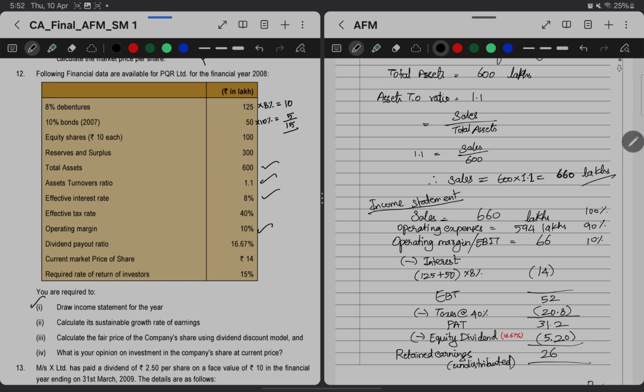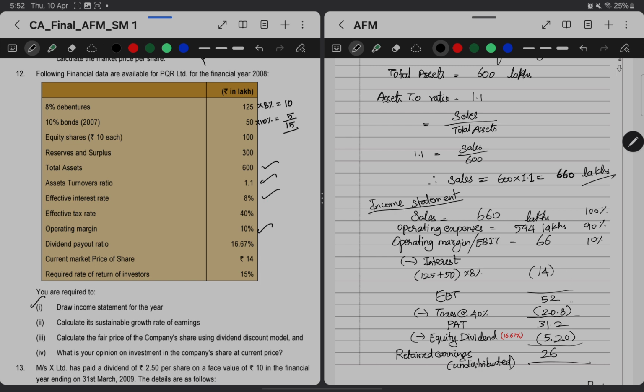But this 8% and 10% will not take care of those things, as it is simply what they are paying to the debenture holders and then paying to the bond holders. So let's say in this case we are getting 15 lakhs as the interest rate, which will be the actual cash outflow. But in case of income statement, we should account for whatever is the effective interest rate, which they have given 8%, so we should take 8% only.